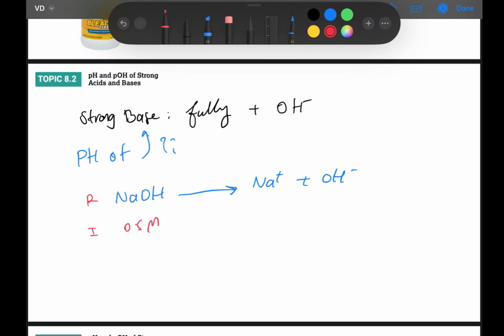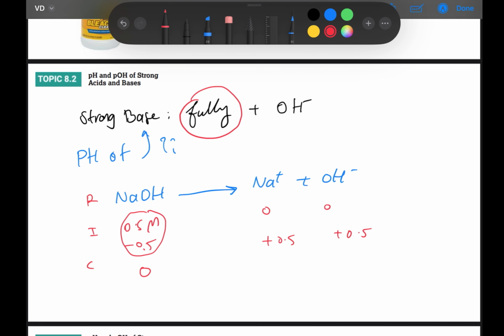They have initial values for hydroxide and Na positive. And as we said, it completely dissociates in water. So we have to say negative 0.5. On the other hand, we're adding 0.5 and plus 0.5. And you can see that the remaining NaOH is zero because, as we said, it completely dissociates, nothing left behind.